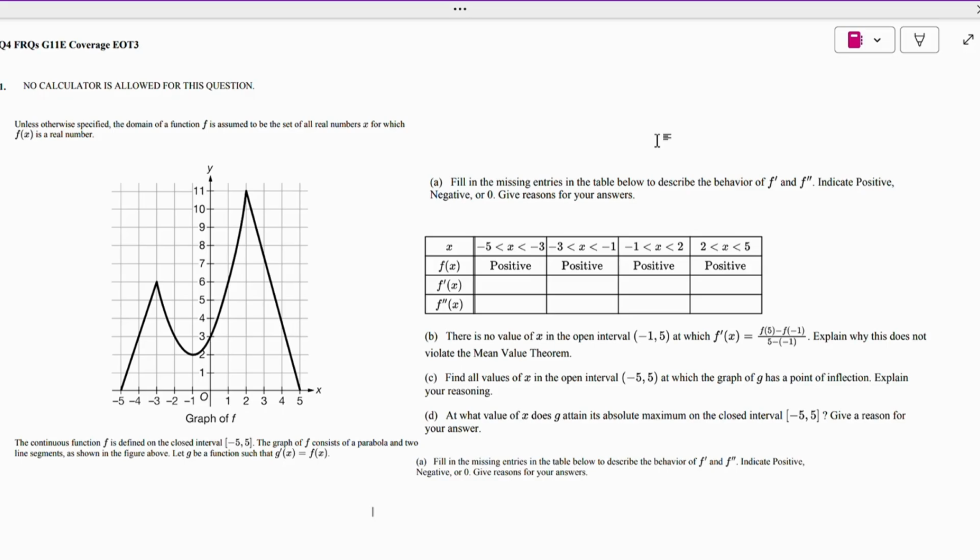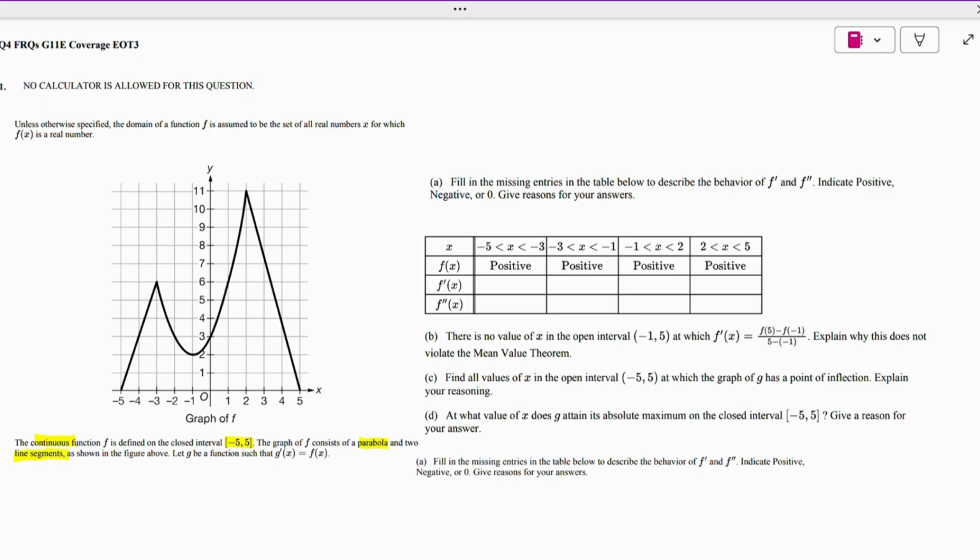Let g be a function such that g prime of x equals f of x. So the question says that the function f is continuous. Before we start doing the question, we must understand what's going on. It's defined on the closed interval from -5 to 5. It has a parabola and two line segments as shown in the figure.